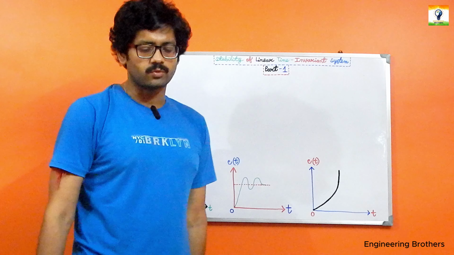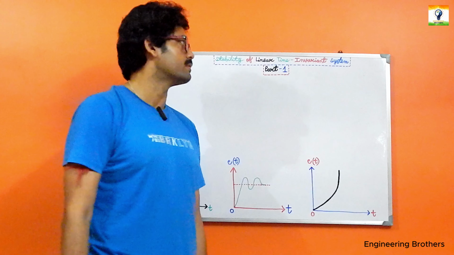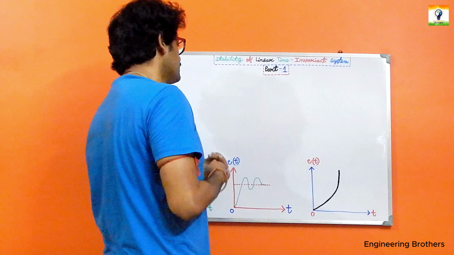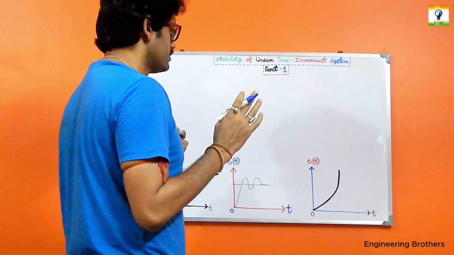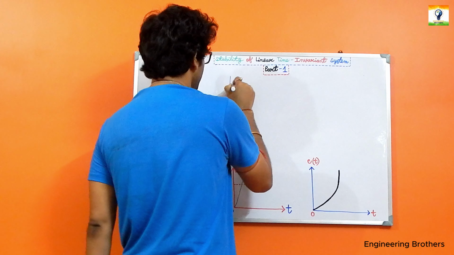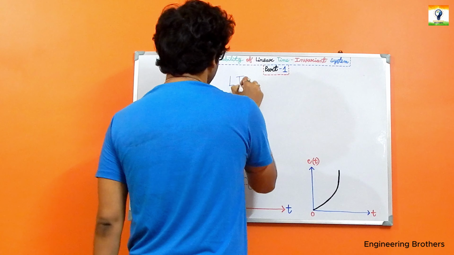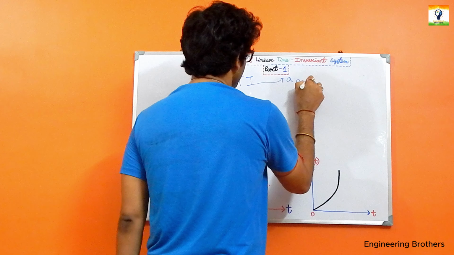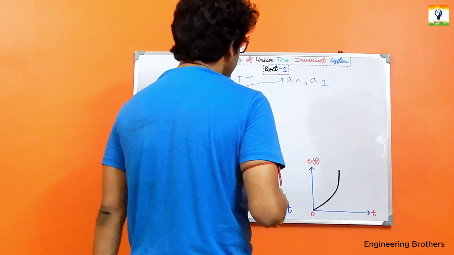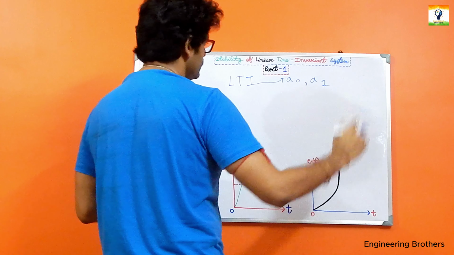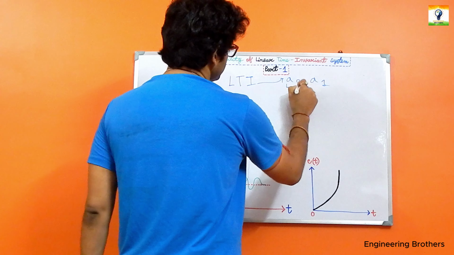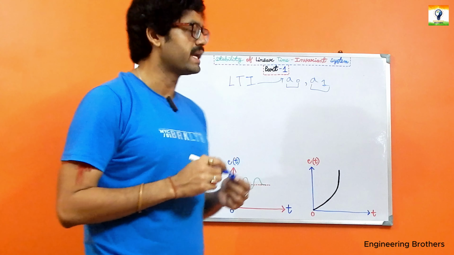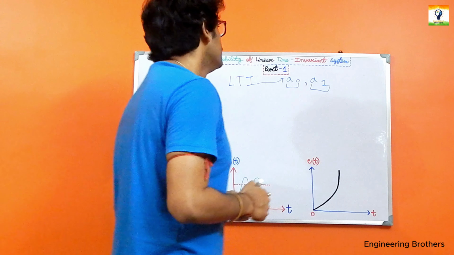I have already told you the exact definition of a linear time invariant system, in which the system parameters are not changeable. Suppose we have an LTI system with some coefficients, say A0, A1. If the system time changes but the values A0, A1 do not change with time, then we have a linear time invariant system.